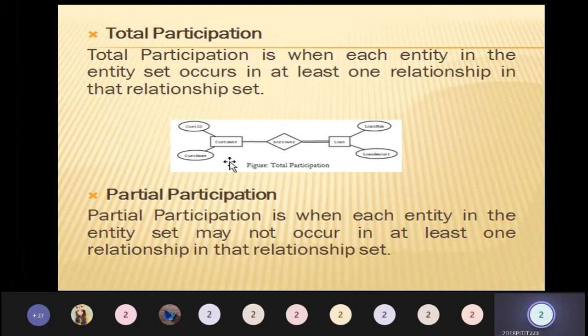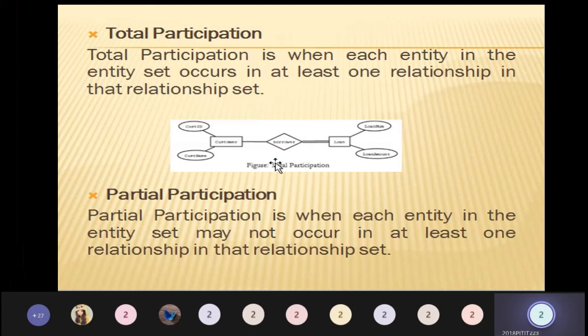If only some entities in E participate in relationships in R, the participation of the entity set E in relationship R is said to be partial. Look at this example. We expect every loan entity to be related to at least one customer through the borrower relationship.